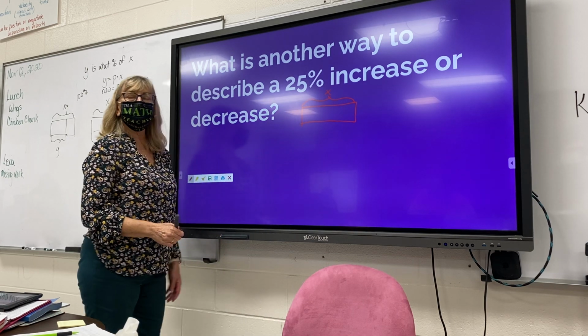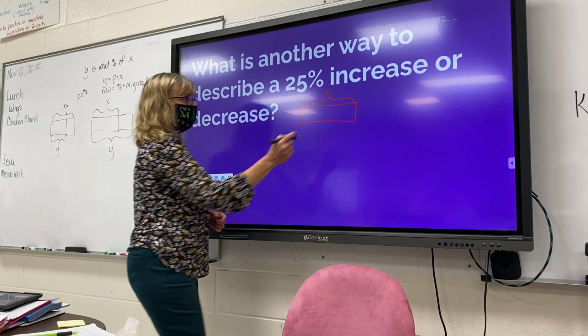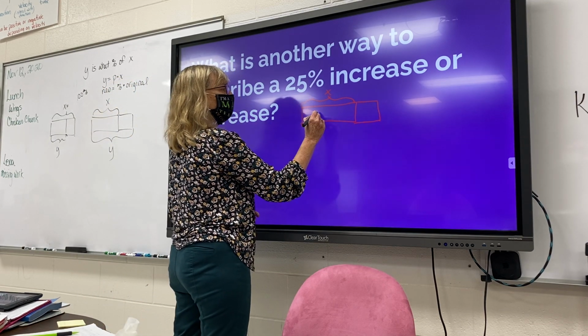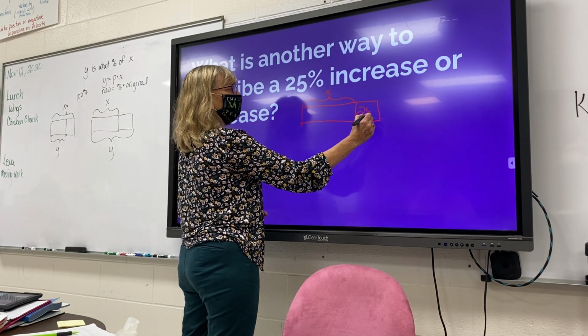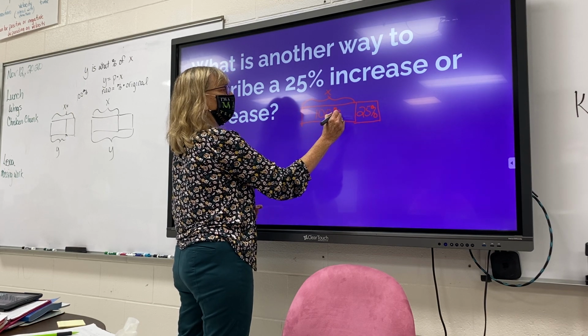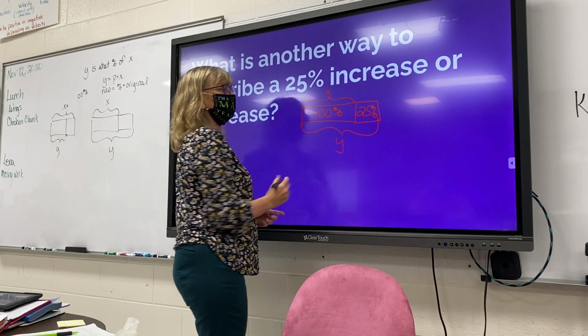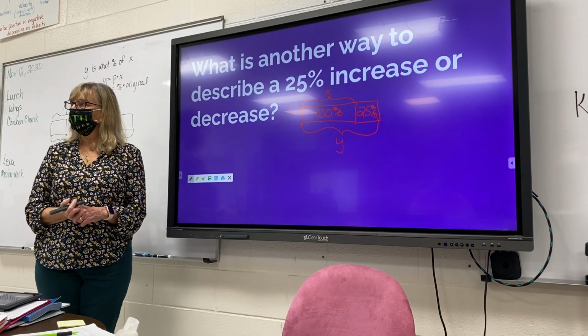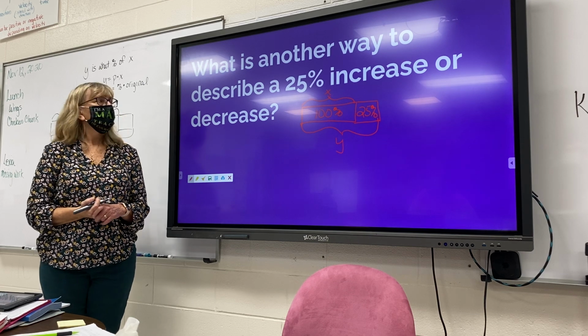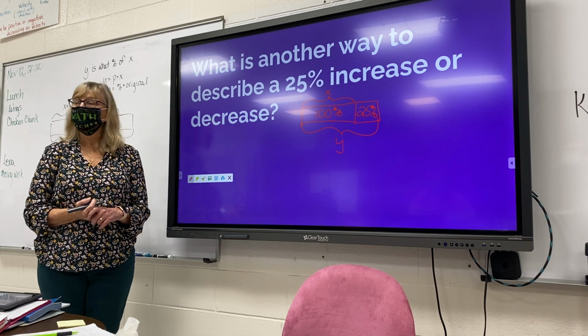So an increase, am I going to add a piece on or take a piece off? I'm going to add a piece on. So if this is 100%, I'm adding on, and our new is this. So how would we write that? How could we describe it? What's it going to get multiplied by?